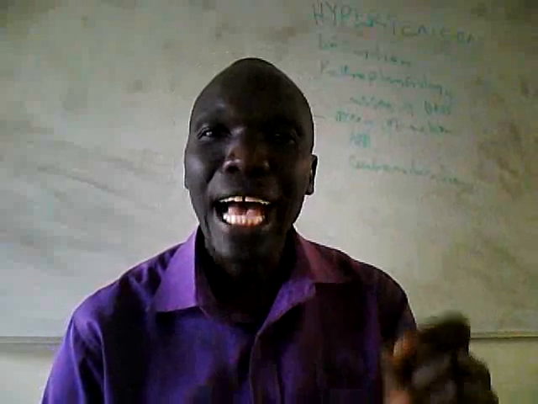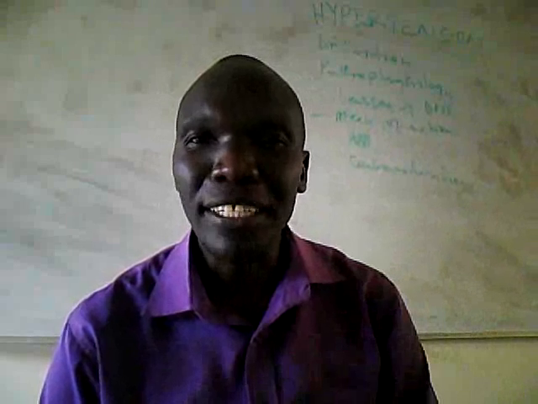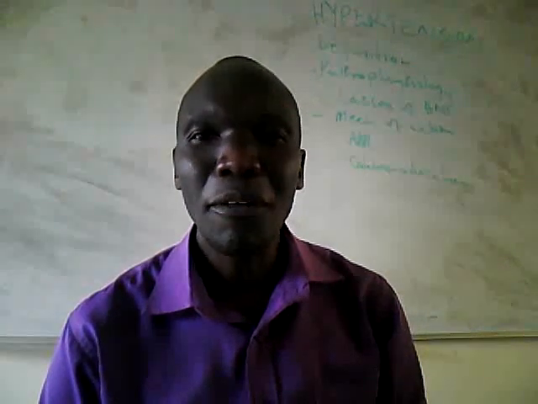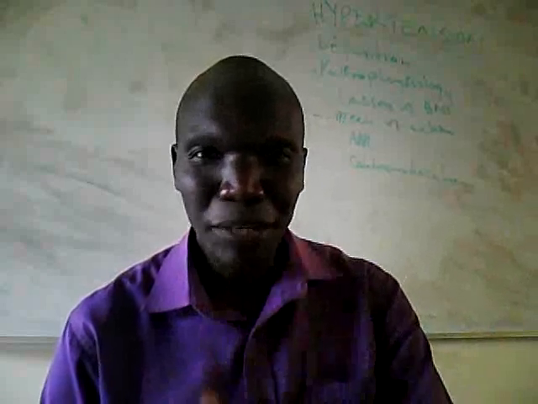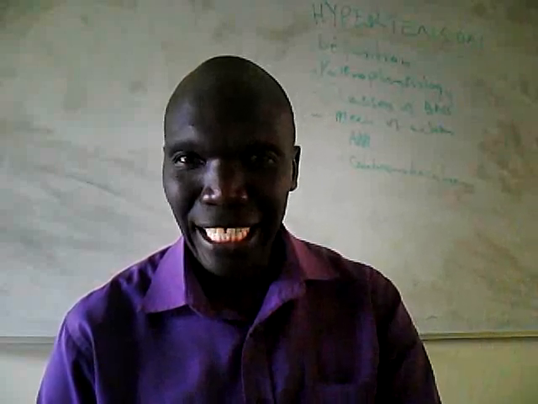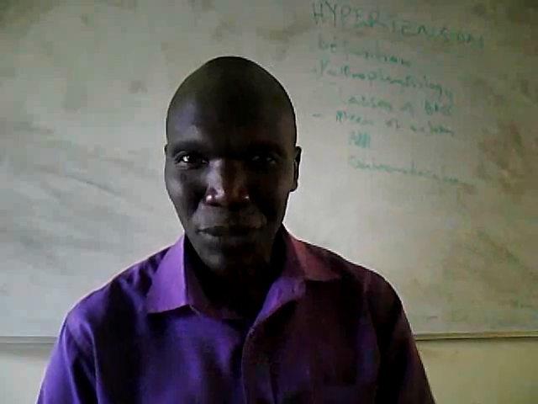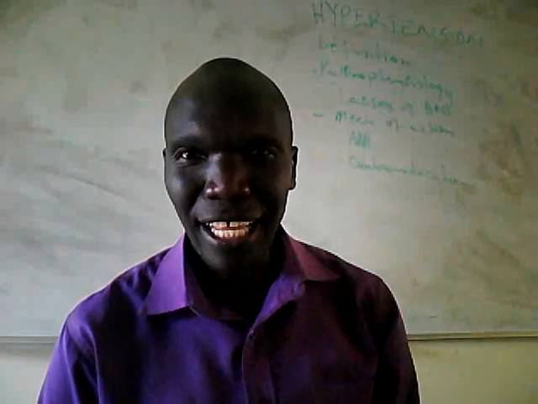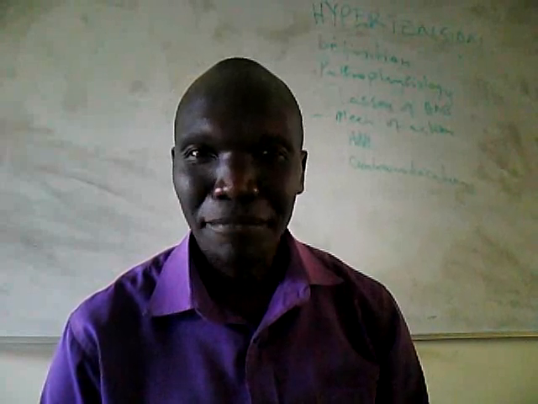So when the conversion of angiotensin 1 is blocked, obviously there will be no vasoconstrictor. So the blood vessels will remain dilated, allowing easy flow of blood, which reduces workload for the heart. And then the overall result is reduction in blood pressure.